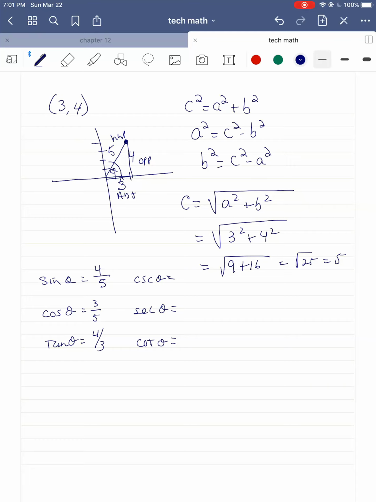My cosecant, secant, and cotangent, all I need to do is take the reciprocal of each one, and I have the ratios of all of my trig functions. Notice that the value of sine is positive, cosine is positive, and tangent is also positive.